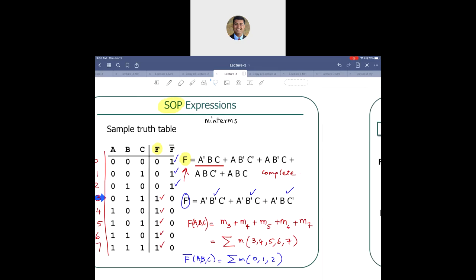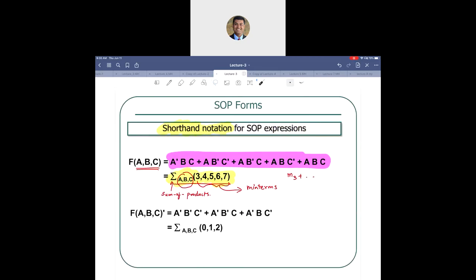It can also be written over here in a slightly different way: summation, the subscript is A, B, C, indicating the order of the inputs, followed by 0, 1, and 2, indicating the minterms that are getting summed up. This is for F complement. Those are your sum of products, or essentially canonical sum of product forms. In this case, it is canonical because we are dealing with minterms here.